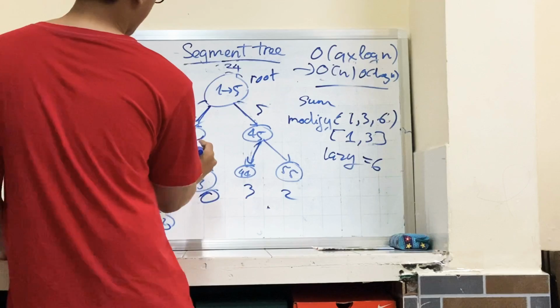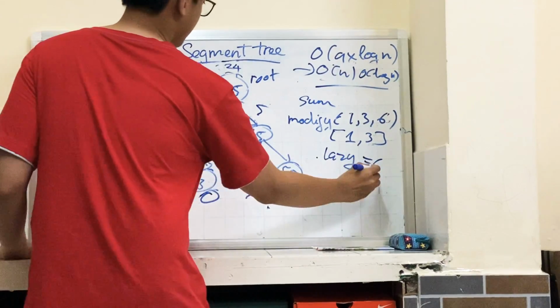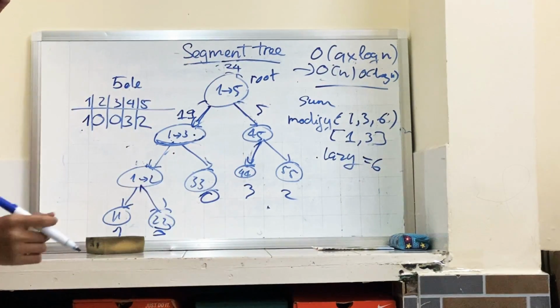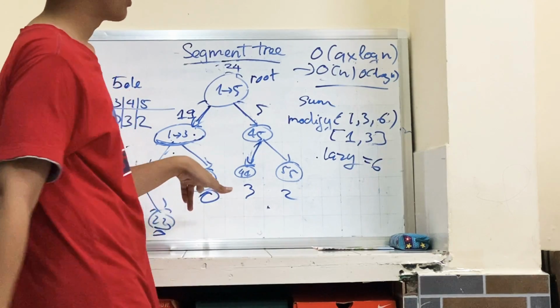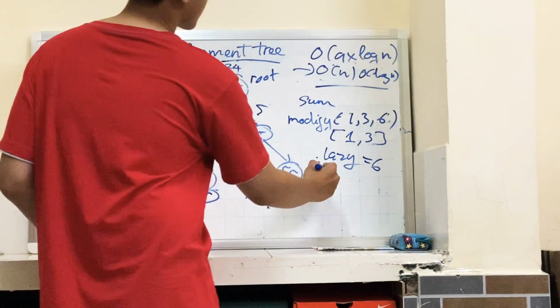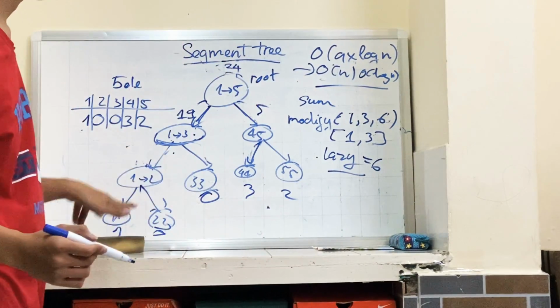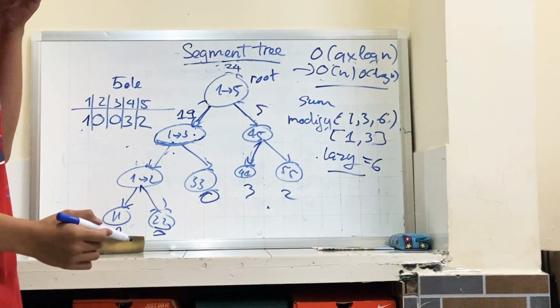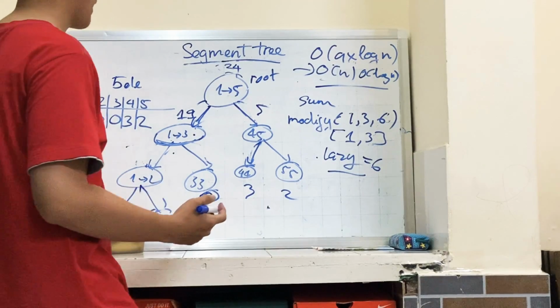So at this point the lazy value is 6. Whenever you try to reach the node, or whenever you try to query the node, you push the lazy value to both sides of the nodes, so that you can get a correct value.